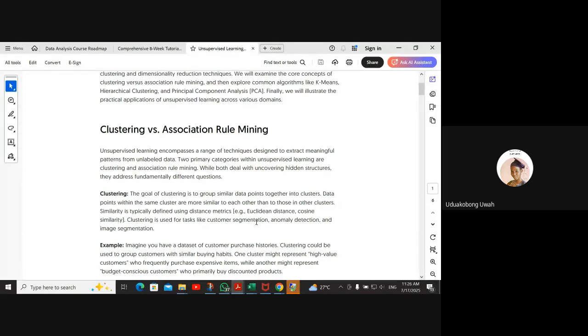This is also used in our browsers and socials. Let's say you open Netflix, and the Netflix algorithm has already seen that you like watching business movies. So each time you visit Netflix, they will recommend more business movies to you.